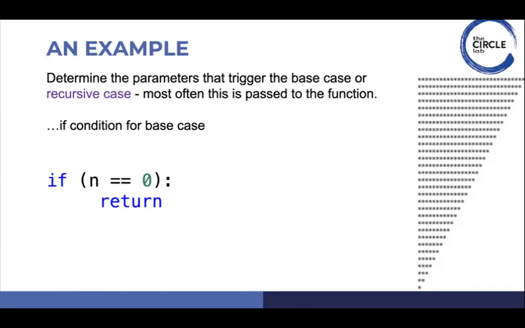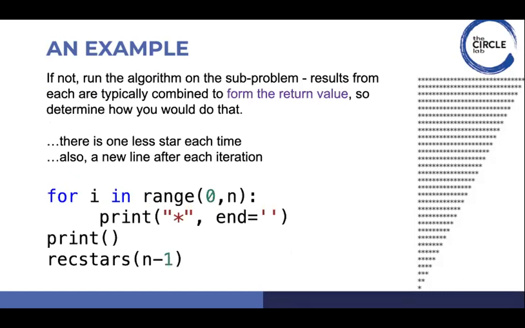And our final step would be to run the algorithm on the subproblem and call the function again. So what do we do every time? Every time there is one less star. So when we call the recursive function, in the recursive case, after the for loop, we have to pass one less star.